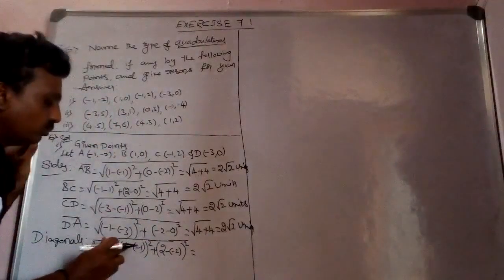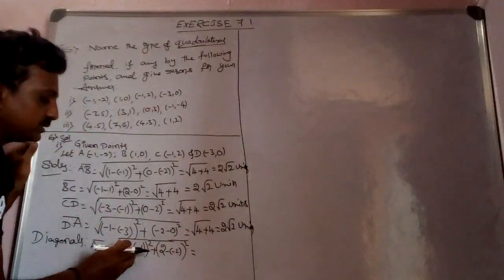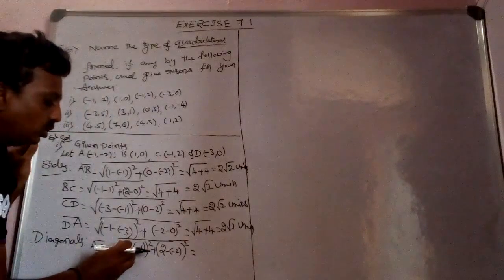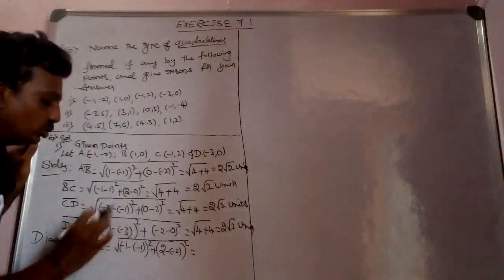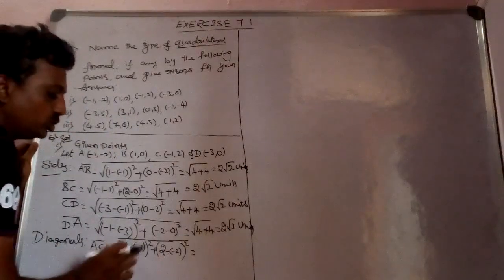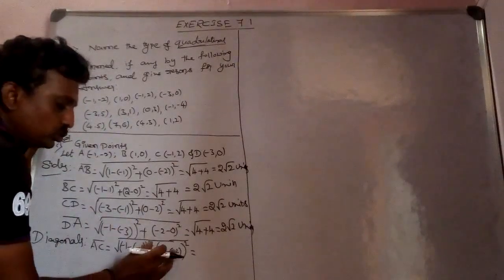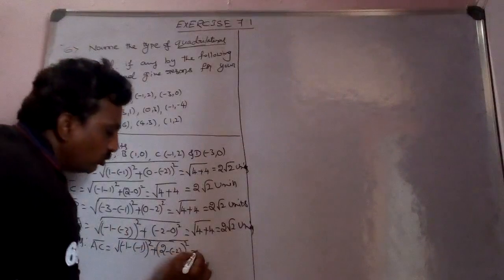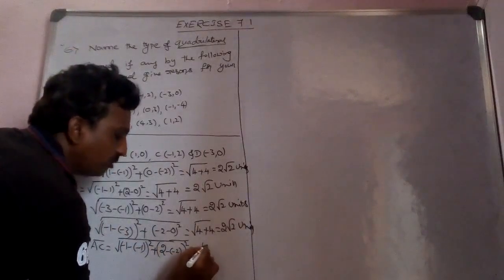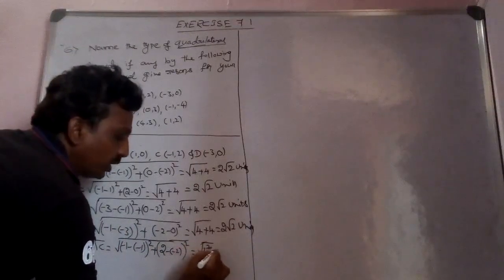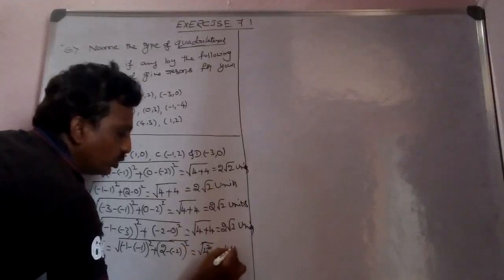So 0 square is 0, plus 2 plus 2 is 4, that is 4 square. Square root and square get cancelled, so 4 units.